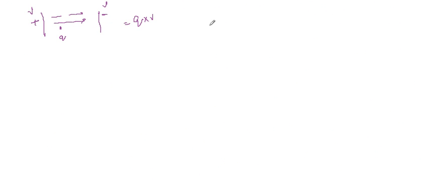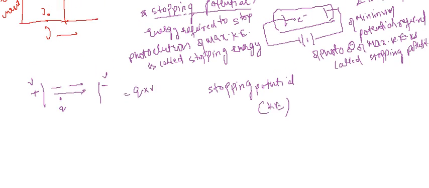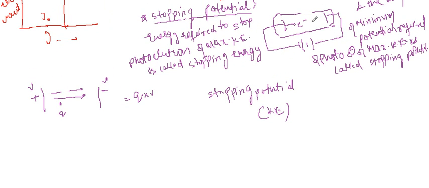Now in case of stopping potential, the energy the electron has is equal to its kinetic energy. When the electron is moving in this direction, it has energy equal to kinetic energy, and that kinetic energy should be equal to the energy due to the stopping potential, because we are stopping the electron.